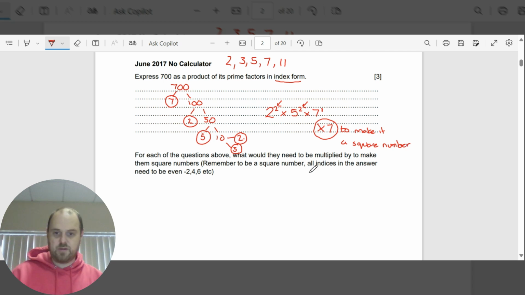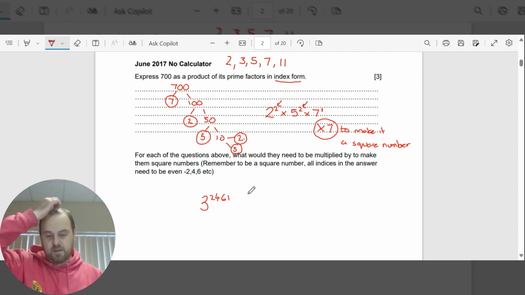For each of the questions above, what would they need to be multiplied by to make them square numbers? Remember, to be a square number, all indices in the answer need to be even. So the index on the 2 was even, the index on the 5 was even, but the index on the 7 was odd, so we needed an extra 7, right? They could ask you something like this. Is this even or odd?